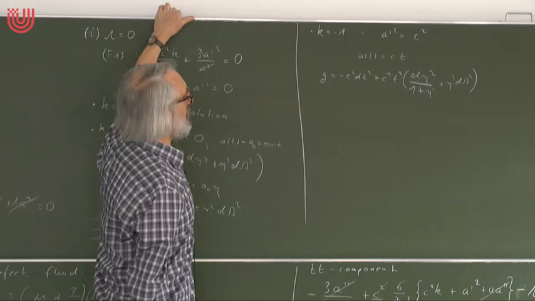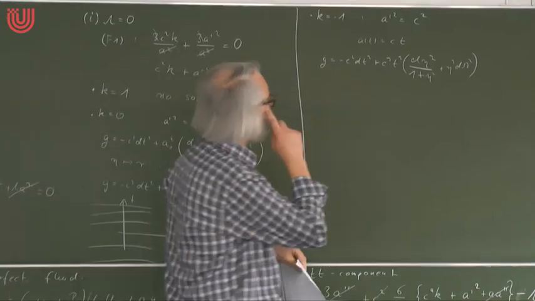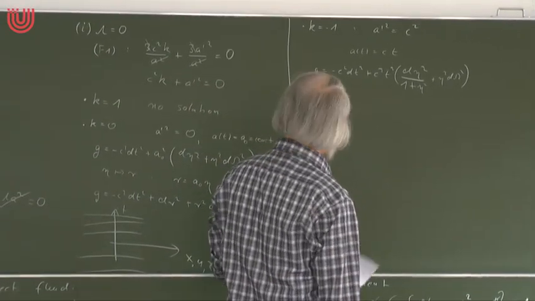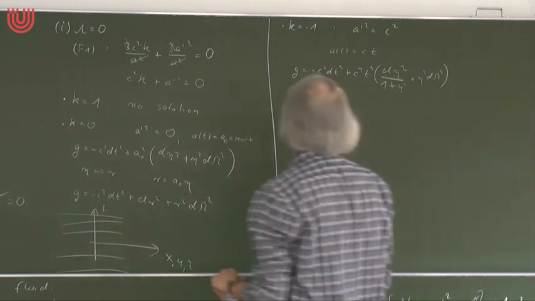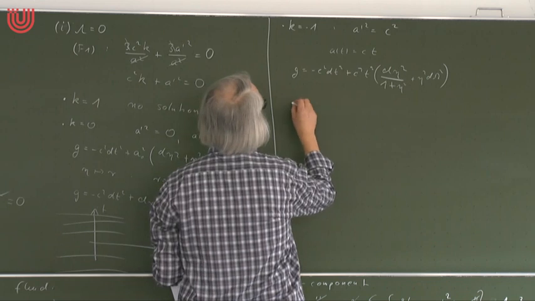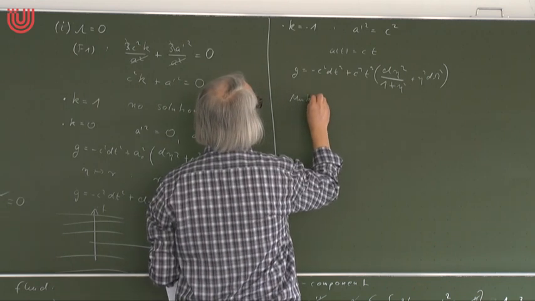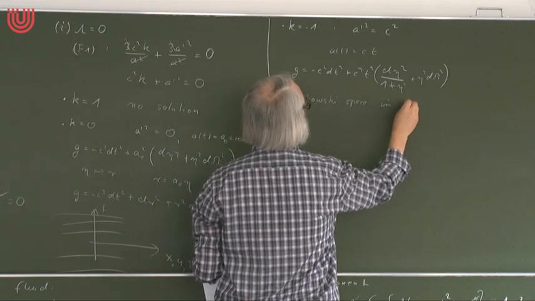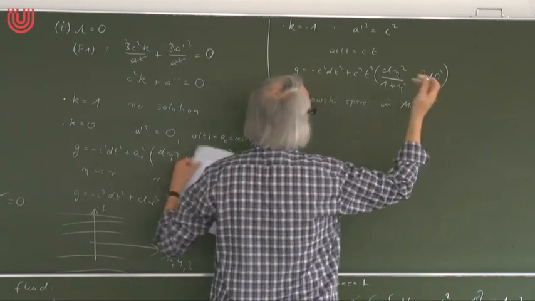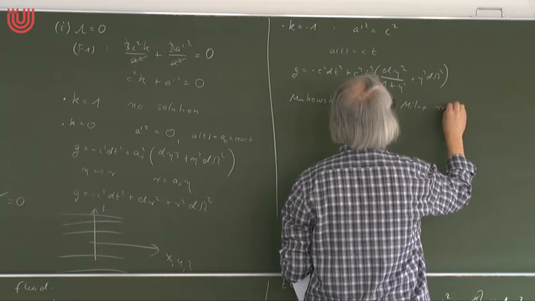Actually, if you want to prove that it is Minkowski space, then you can make a coordinate transformation. Let me see that I get the factors right. This is Minkowski space in Milne representation or Milne coordinates or whatever you like to call it.